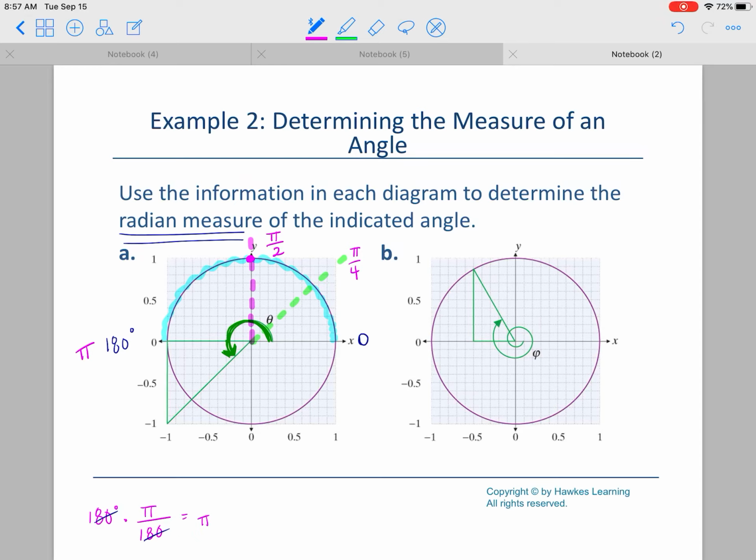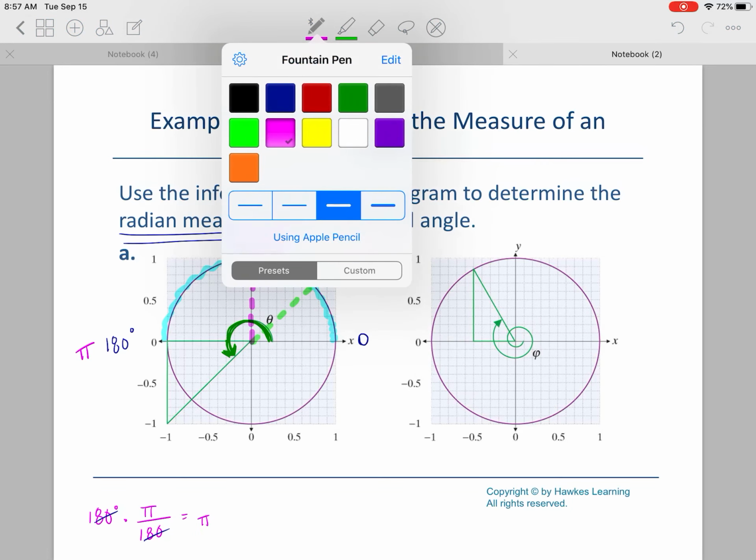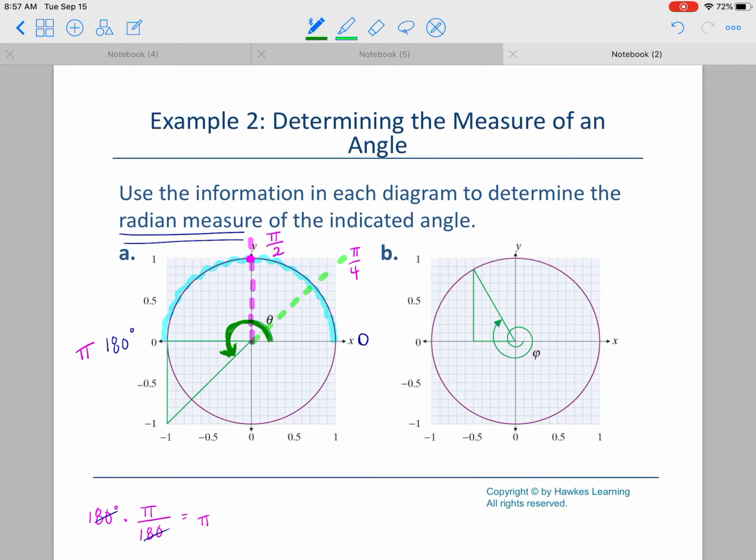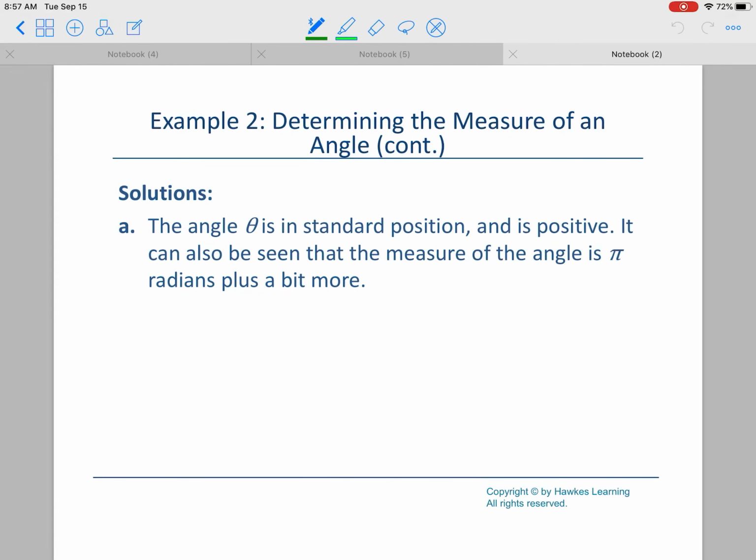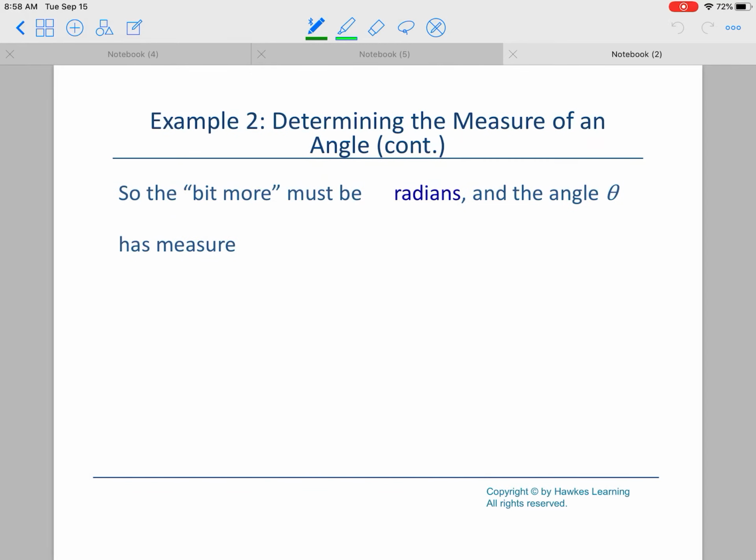So, with that in mind, how far here in green have I gone around this unit circle? The angle theta here is in standard position. Since I'm going counterclockwise, that means my angle is positive. And I just said that we went all the way to pi plus just a bit more. Okay, and so what is that bit more?